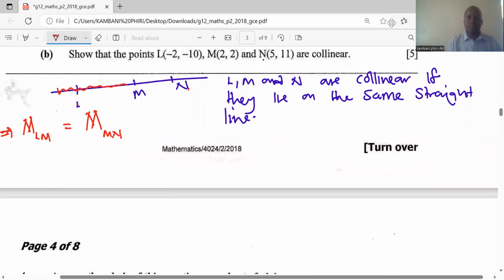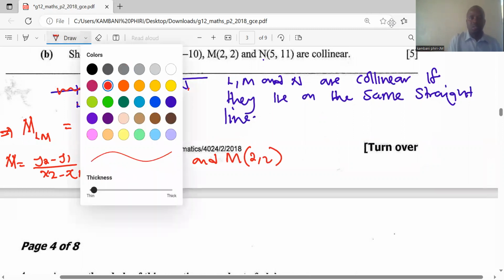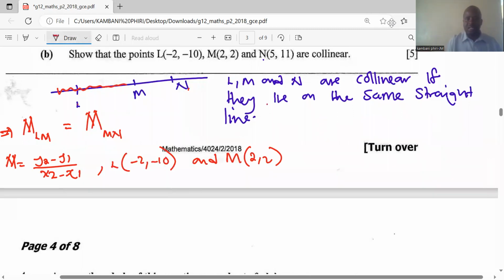So we know that to find the gradient, we say y2 minus y1 over x2 minus x1, if they are points. All right? So in this case, I want L(-2, -10) and M, which is (2, 2). So in this regard, this is our first point, and this is our second point, or vice versa.